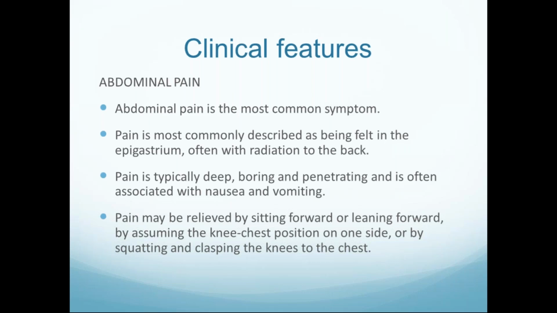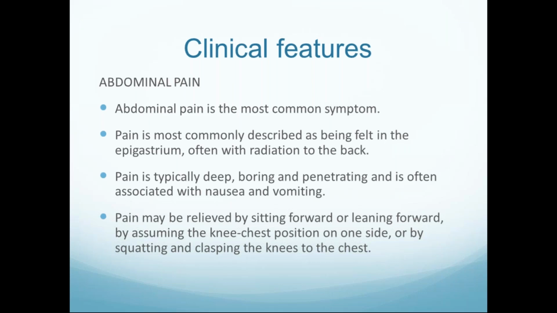Okay. Coming to clinical features, abdominal pain is the most common symptom, and generally radiating pain is present in chronic pancreatitis, felt in the epigastric region radiating to the back. Pain is typically a deep, boring, penetrating type of pain and is often associated with nausea and vomiting.